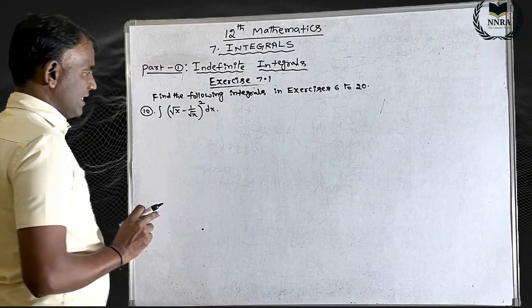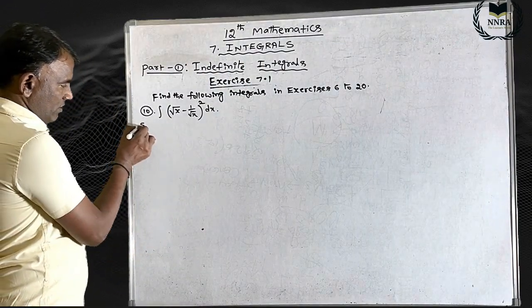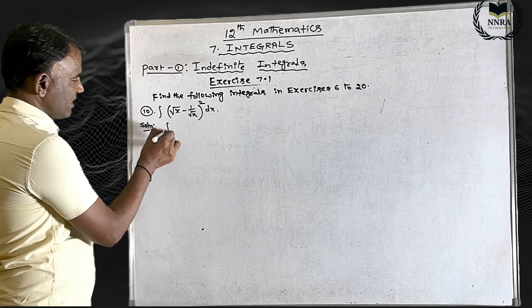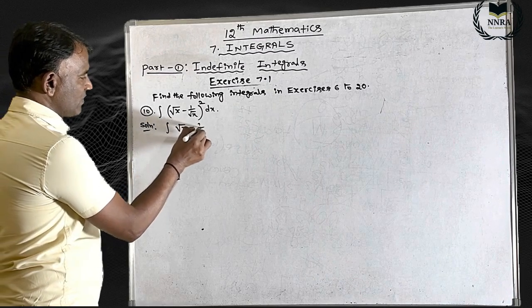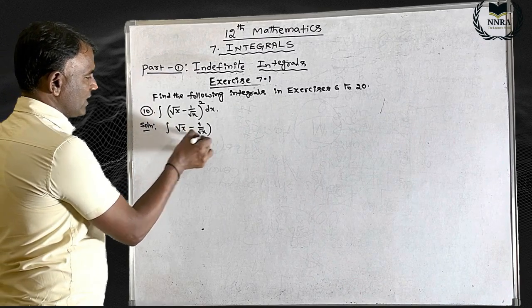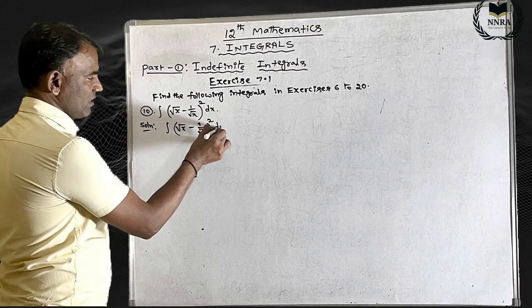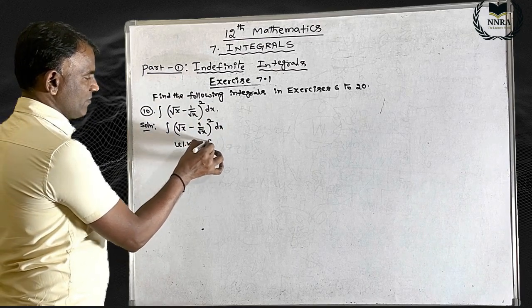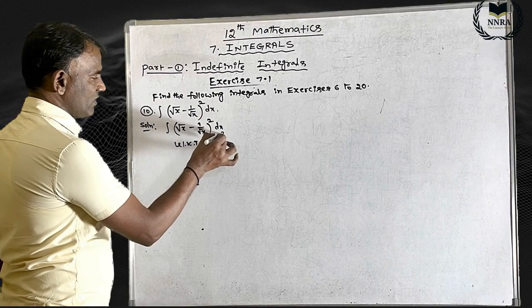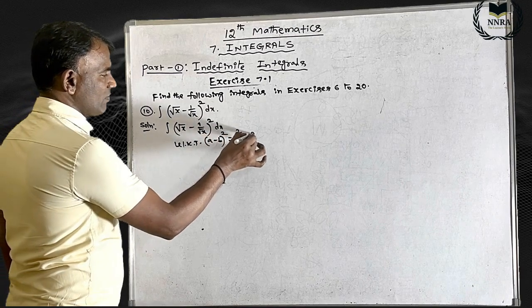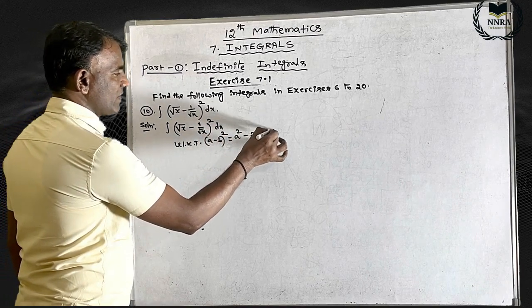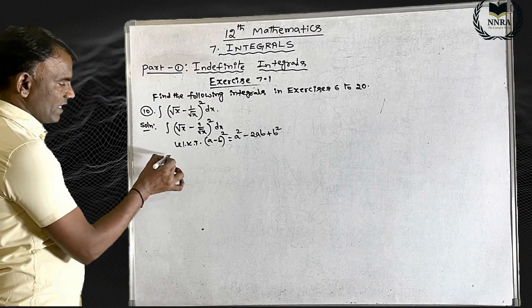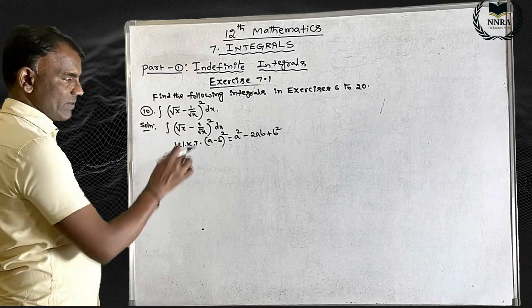Now question number 10. So what is the value here? Root x minus 1 by root x whole square into dx, right? Now this is the standard formula: a minus b whole square equal to a square minus 2ab plus b square. Then how to write it? a means root x, b means 1 by root x.